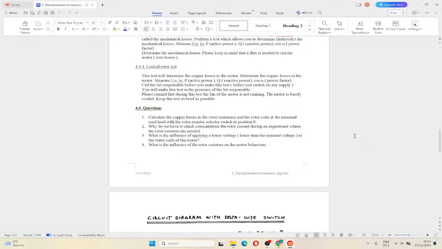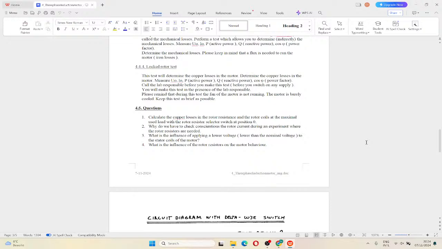Basically, what we need is to measure the total power output: the power output of the source itself, the power consumed by the stator of the motor, and the power consumed by the whole system.